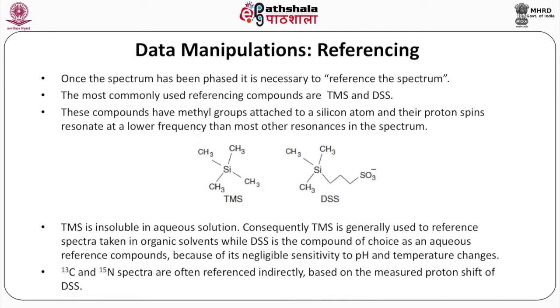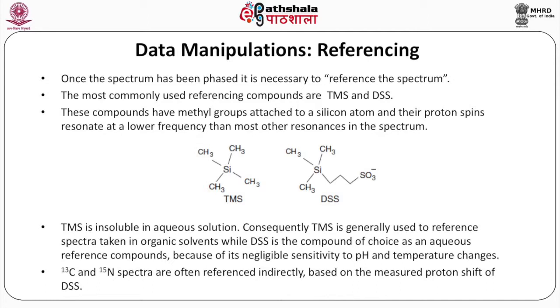So, you can see the structure of TMS, it is tetramethyl silane, and then DSS is a derivative having 3 methyl groups attached to silane, and it is a sulfonate derivative which makes it soluble in water. TMS is insoluble in aqueous solution.